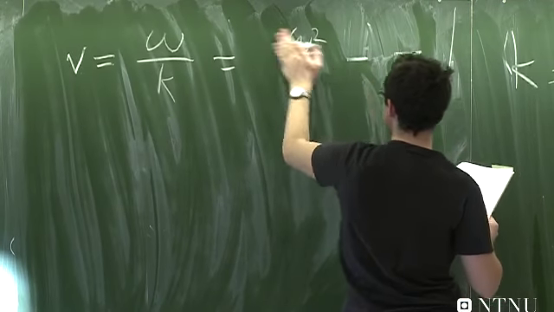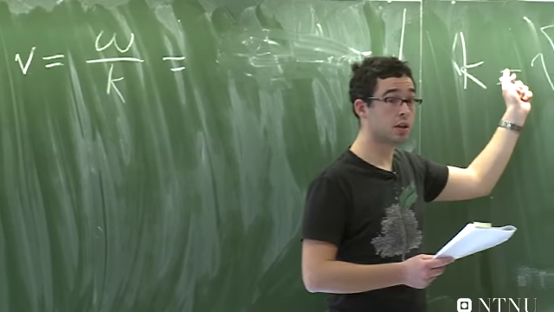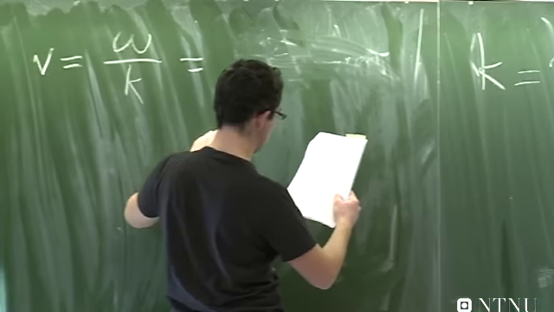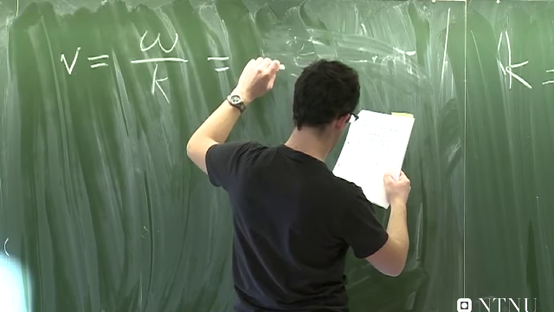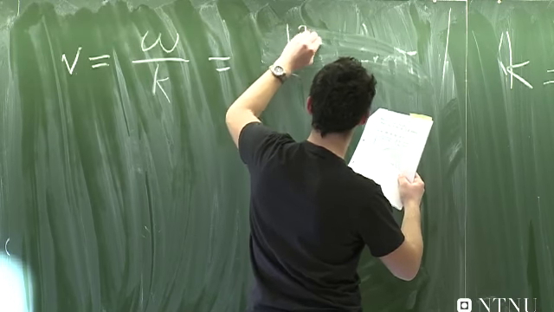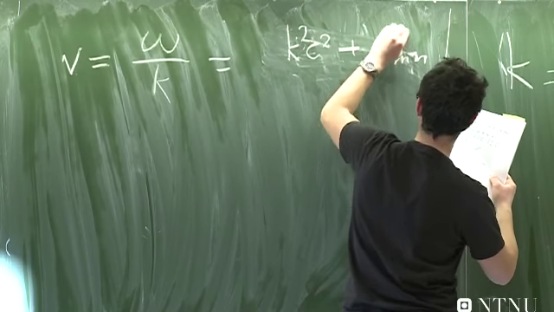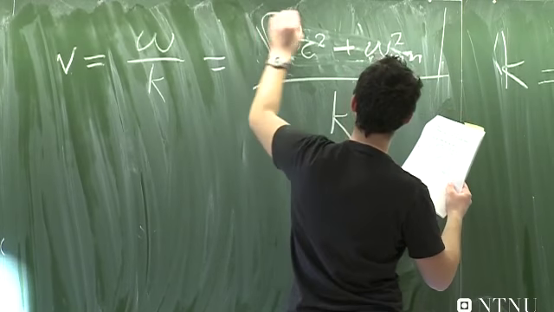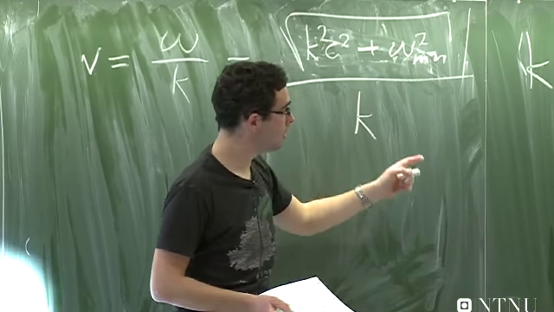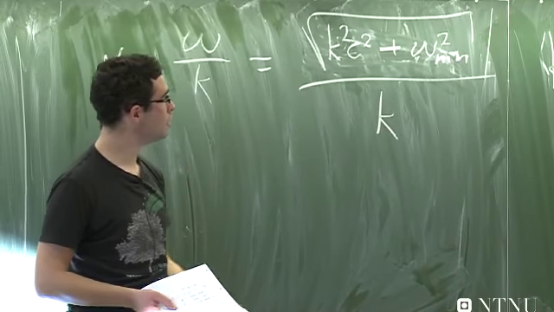If I solve this equation for omega instead of k, then I will get this relation. I get k square c square plus omega mn square over k. Right? If I just solve this for omega, write it on this form.